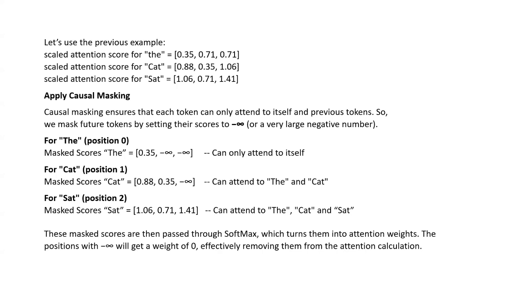The model will generate the next word in the same way. If you see the mask, for cat, the attention score is only with the previous tokens or itself, 0.35, not with sat, because it doesn't know about sat till now. The same way, for the masked score of sat, it is with itself and with all of the earlier tokens.